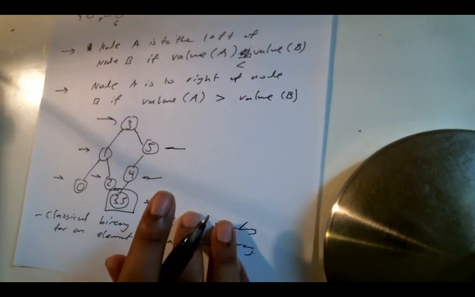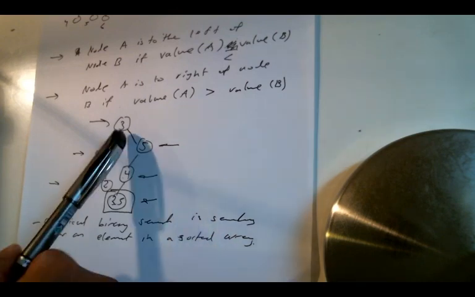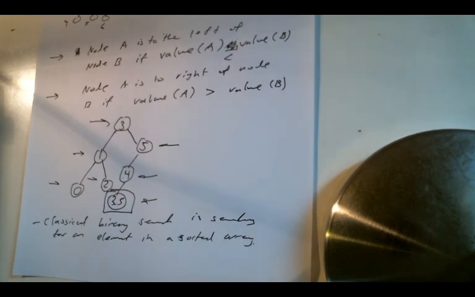All it's doing is treating the array as if it is a binary search tree, where the root is in the middle. In this case, sorted arrays are a lot like binary search trees. But binary search trees have more special properties, and we're going to see that in a moment.